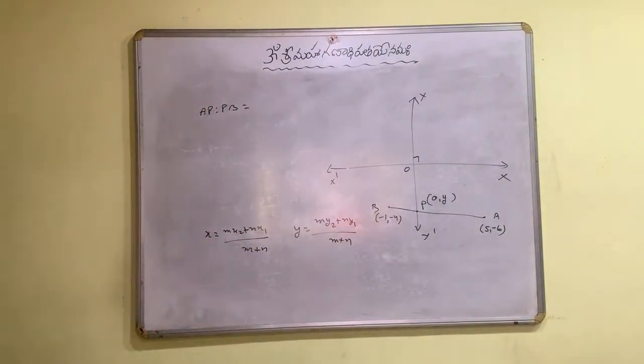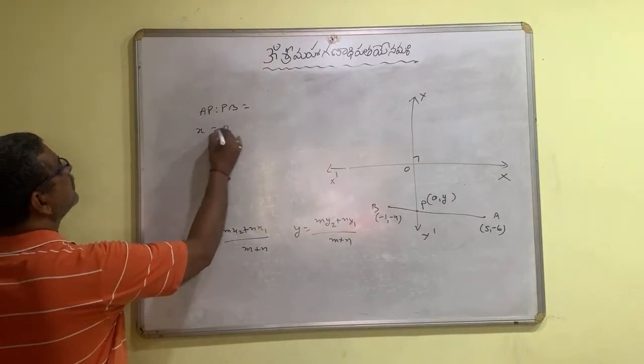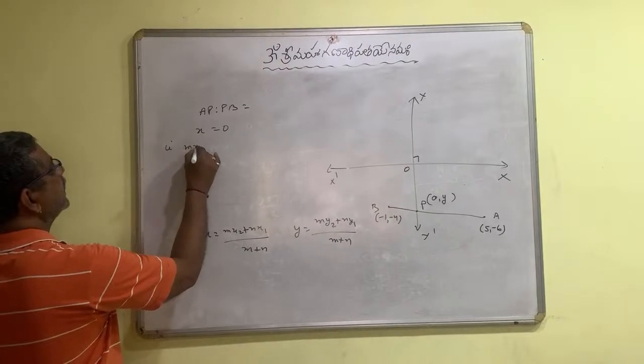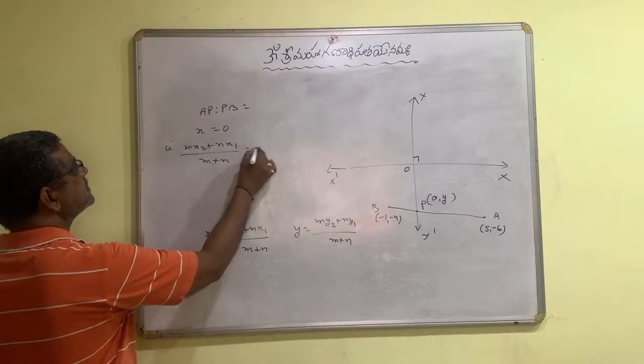0 comma y. That means the x coordinate is 0. So (mx2 + nx1)/(m + n) is 0.